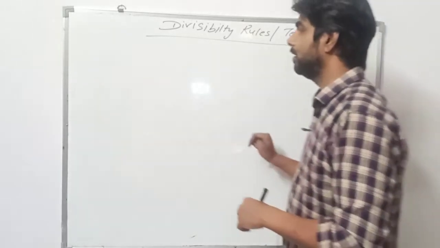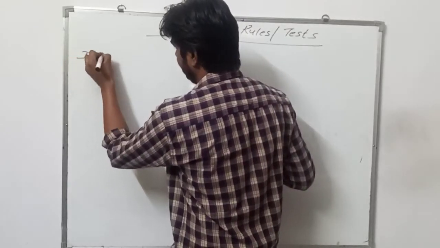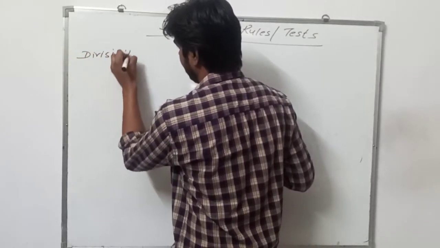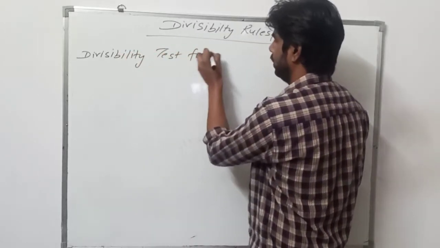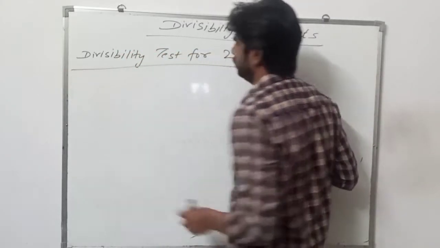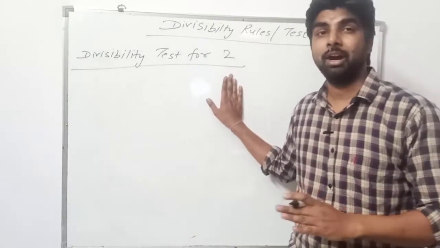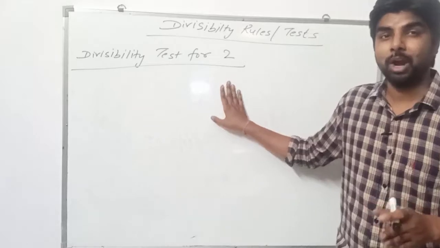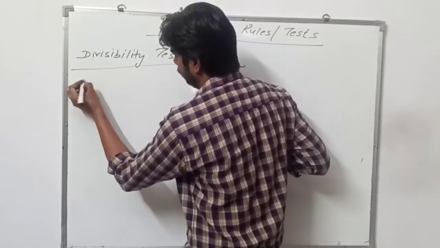So how can we find? Let's learn the divisibility test for 2. How can we find out whether a number is fully divisible by 2 or not, by seeing? So what is the rule?